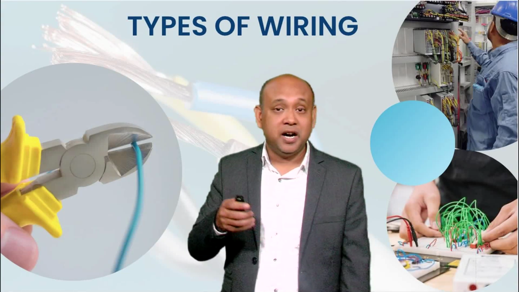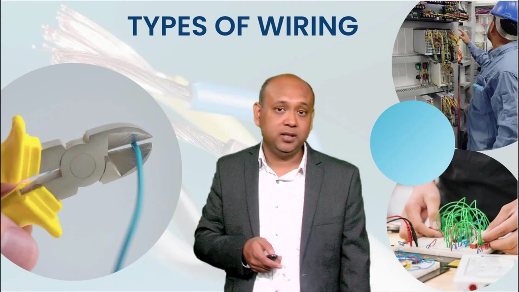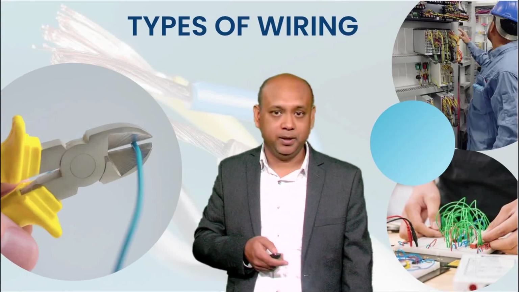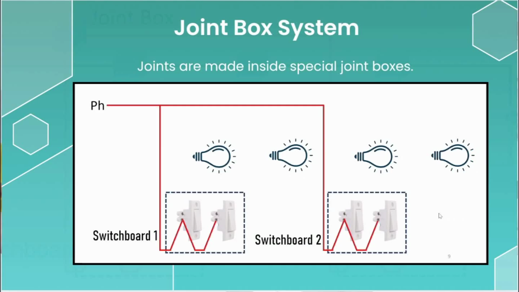Now, let's understand the joint box system with the help of an example. In this example, there are 4 loads and these are to be controlled from 2 different switchboards. Regarding the connection, the main phase wire from the distribution board needs to be supplied to the 2 switchboards.